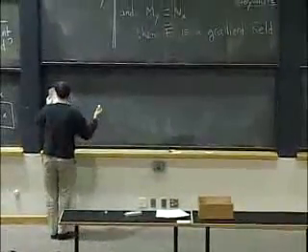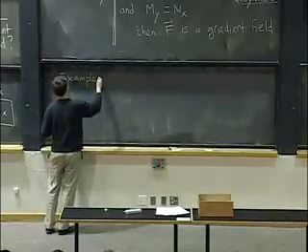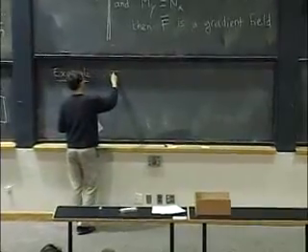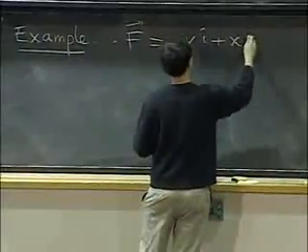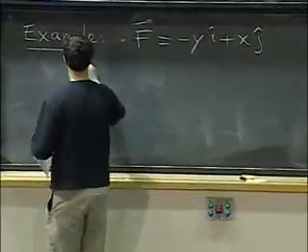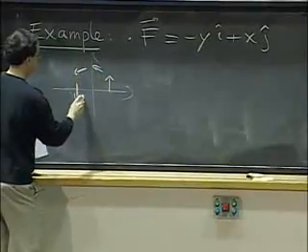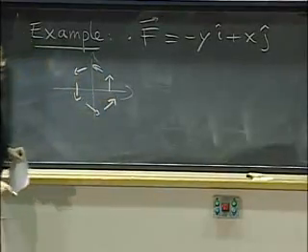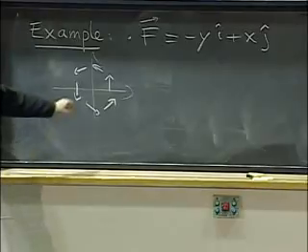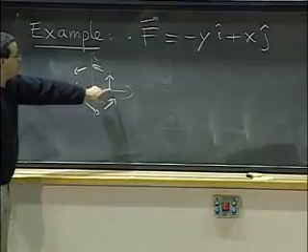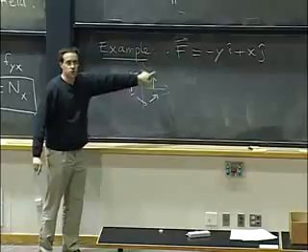Okay, so let's look at an example. One vector field that we've been looking at a lot was minus y i plus x j. Remember, that was the vector field that looked like rotation at unit speed. I think last time we already decided that this should not be a gradient field and should not be conservative, because if we integrate on the unit circle, we'll get a positive answer.